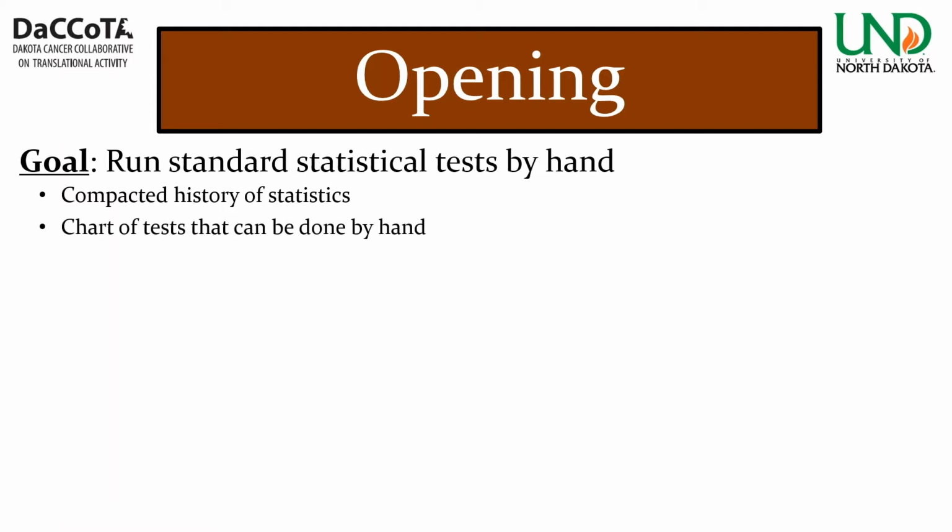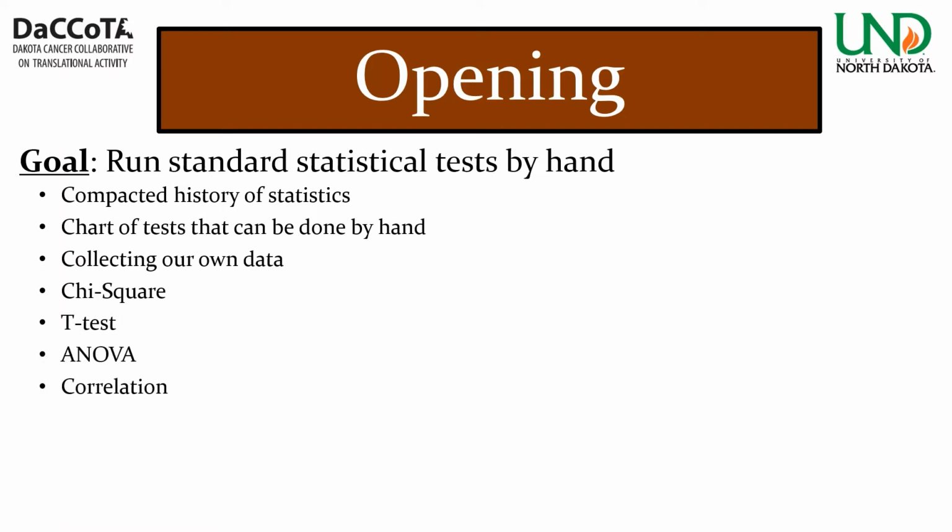Then we'll have a quick chart of tests that can be done by hand and select the ones we'll actually do by hand. From there, we'll collect our own data in true by-hand fashion. Then we'll run a chi-square test, t-test, ANOVA, correlation, and finally regression, all by hand using the data we've collected.